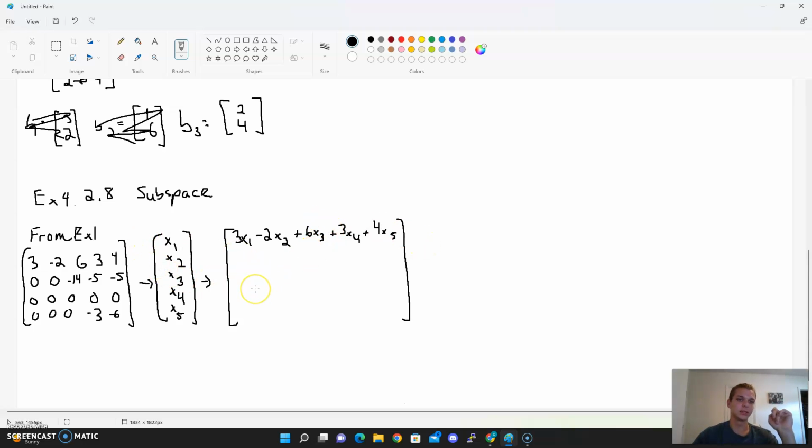So this is subspace. So we're finding the basis for the column space of this initial matrix. So the column space actually is fairly easy. What we do to find that is to find all the pivots. So it'll be 3, minus 14 and minus 3.